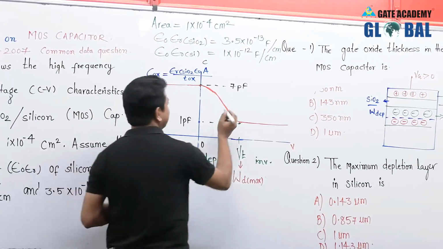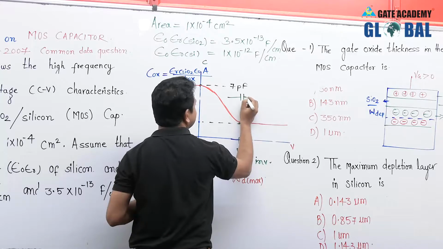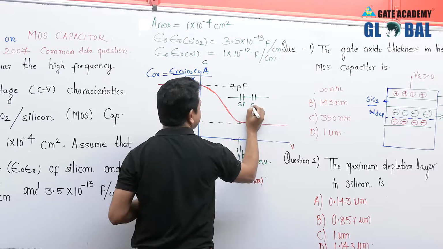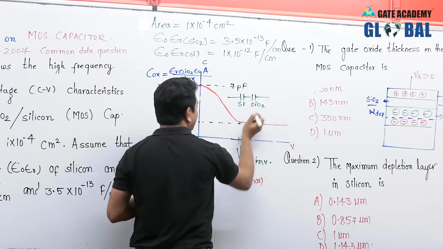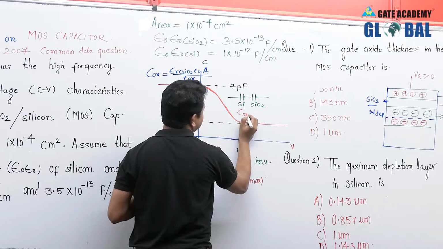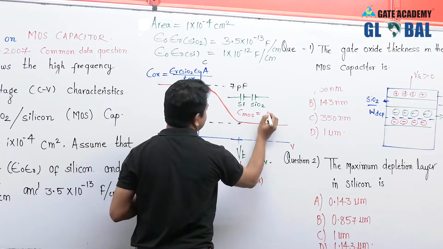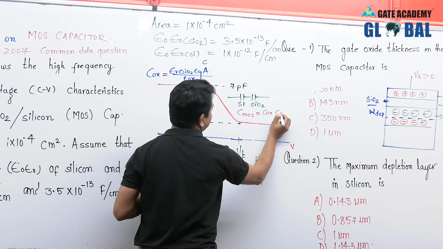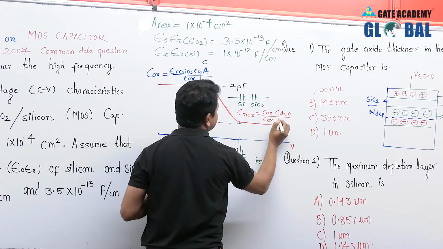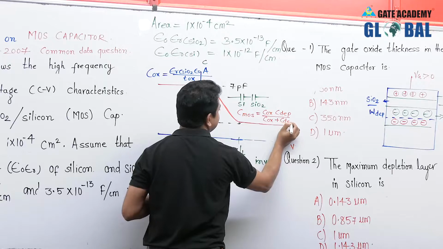capacitances which act in series. One capacitance is because of silicon, and the second capacitance is because of silicon dioxide. So the overall capacitance, suppose this is equal to C MOS, is C ox into C depletion divided by C ox plus C depletion.